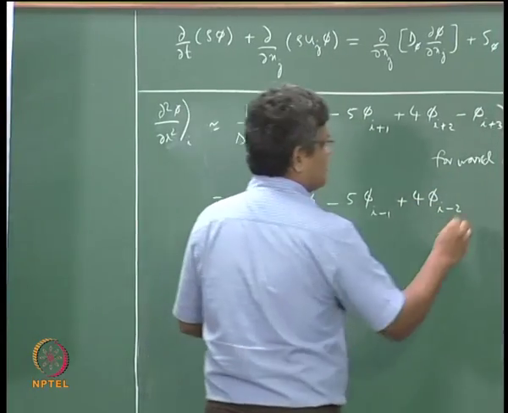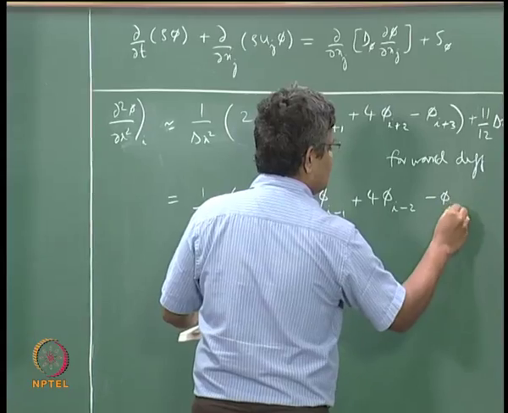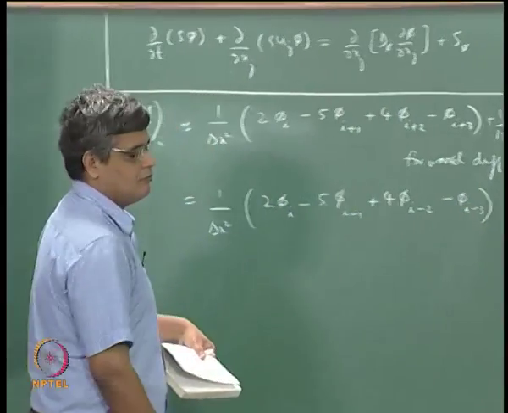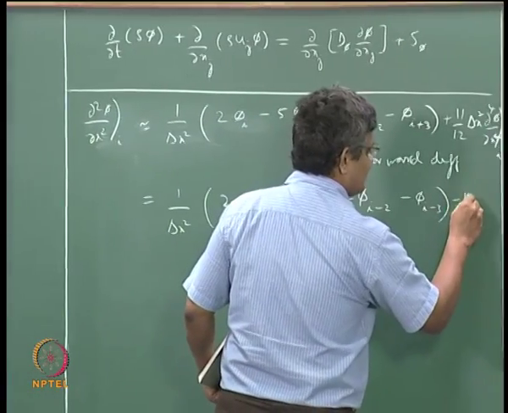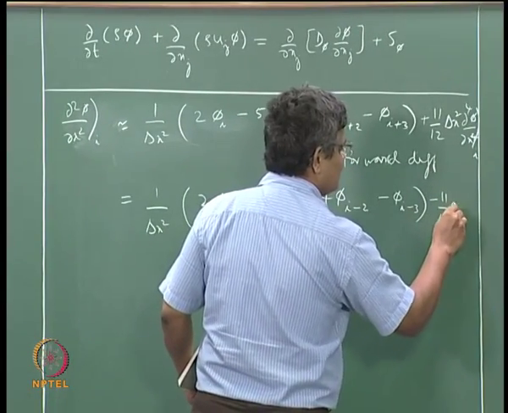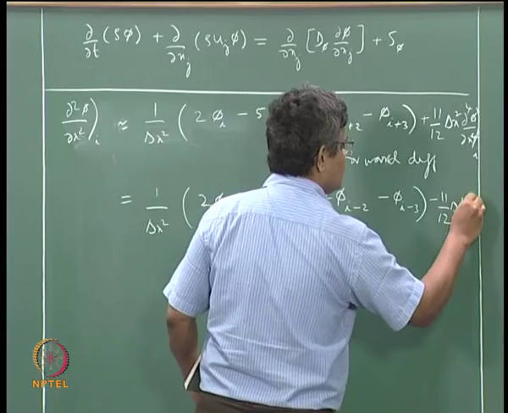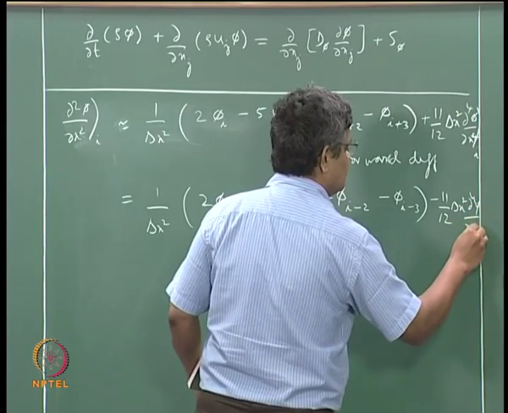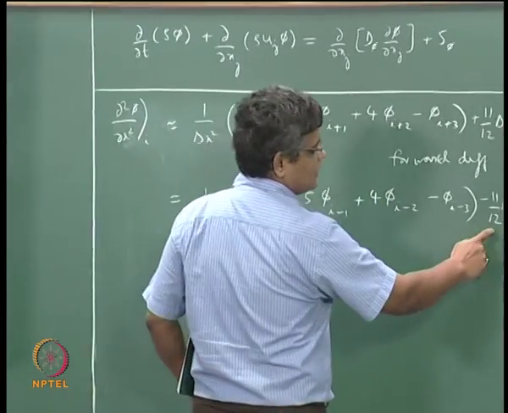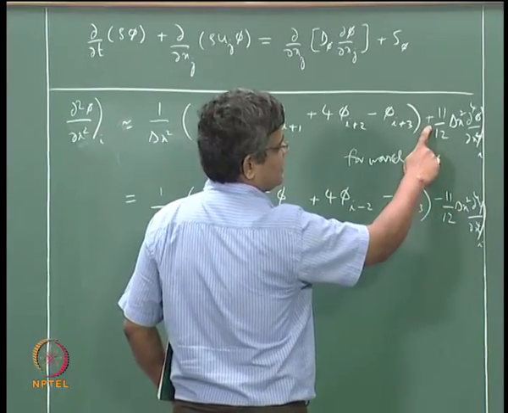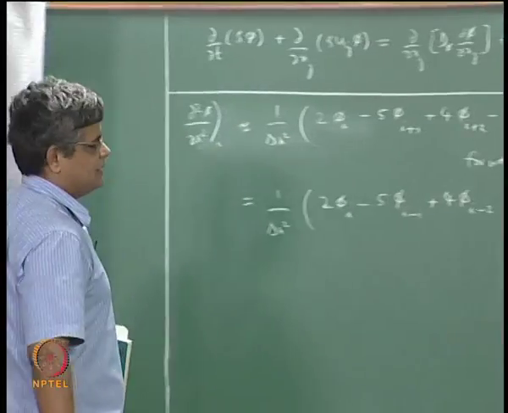Plus 4 phi I minus 2 minus phi I minus 3, and the leading error is minus 11 by 12 delta x square, and here it is plus 11 by 12 delta x square.